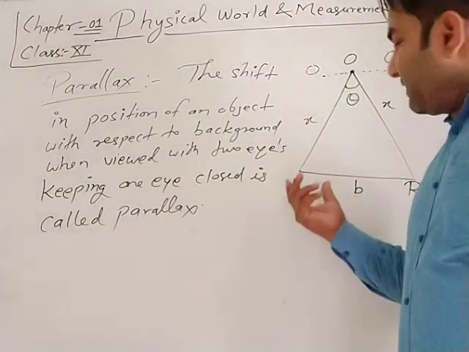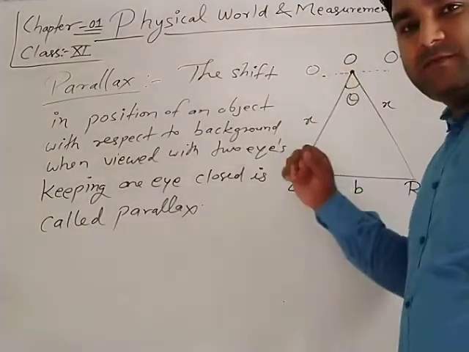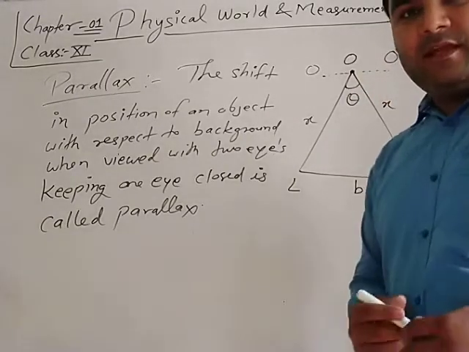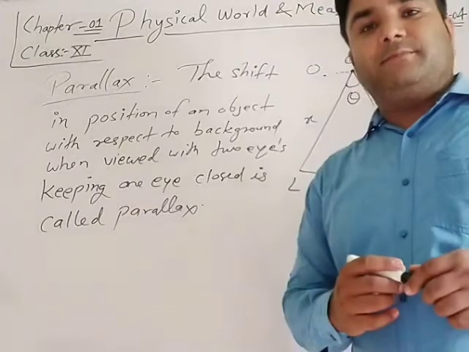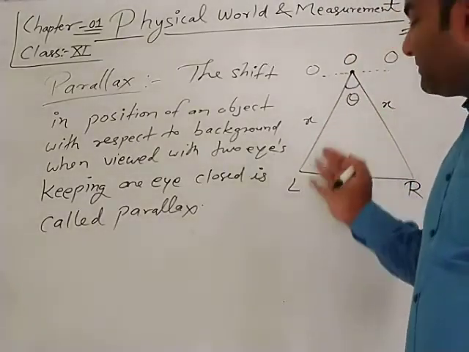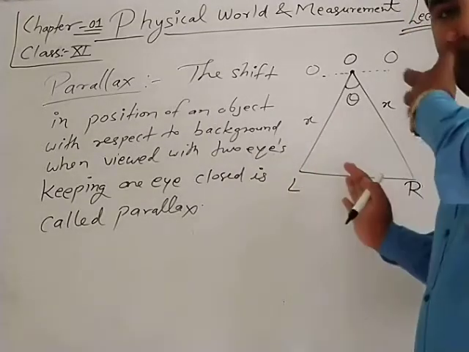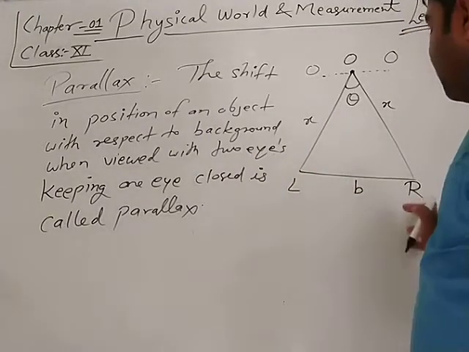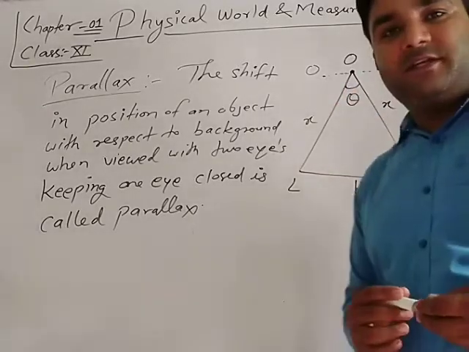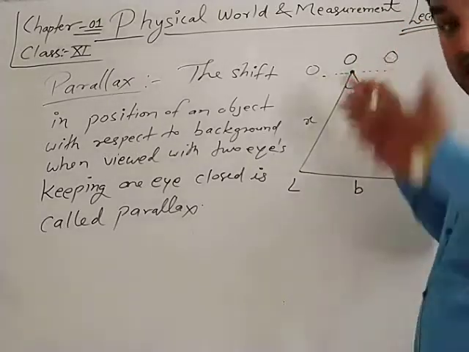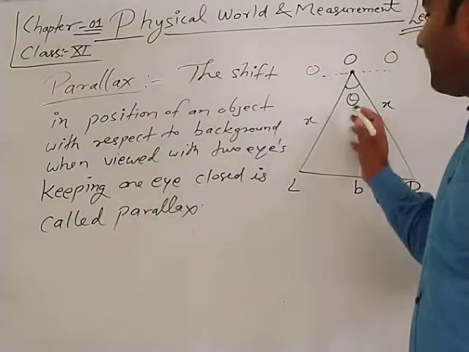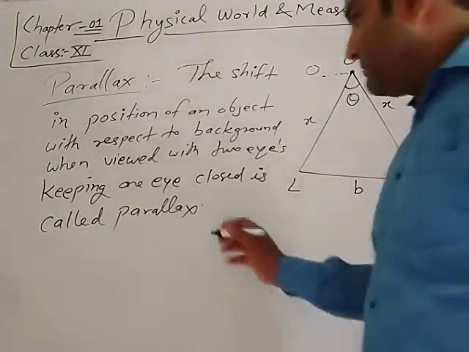When we close the left eye, the object position shifts towards left, and when we close the right eye, the object position shifts towards right. It means the angle formed at the eye is theta, and the position of the object shifting towards left and towards right is represented by L and R. If the distance between L and R is B, and the angle made at the eye is theta, then the distance of this left and right position from the center of the eye is r.